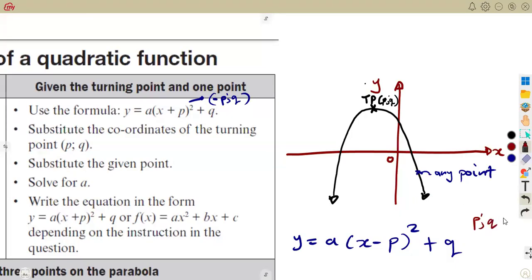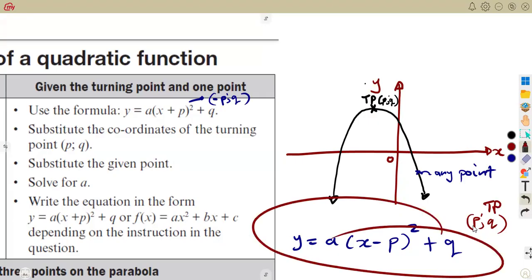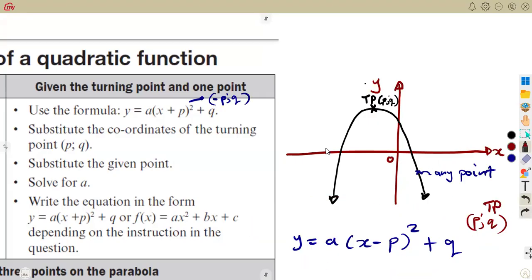It will be P, Q like this, this will be your turning point. Any format, guys, as long as you understand, this is just a format to say your answer can be written this way, or you can use your formula in this manner.